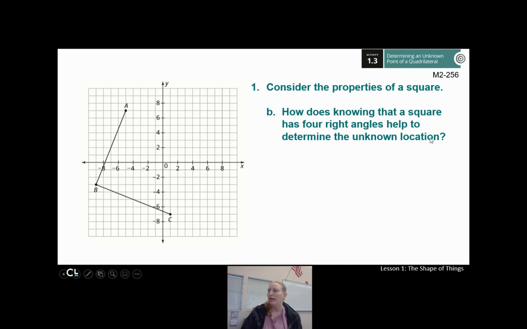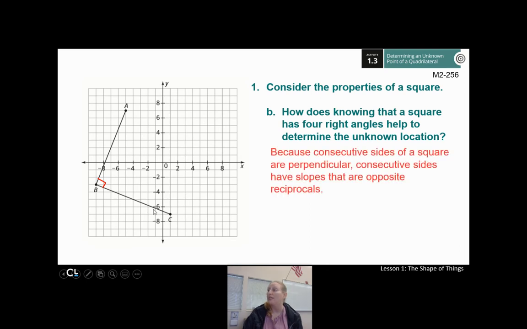So for right angles, that means our lines have to be perpendicular, right? If these lines are perpendicular, then we know that our slopes are opposite reciprocals. So the consecutive sides have slopes that are opposite reciprocals.